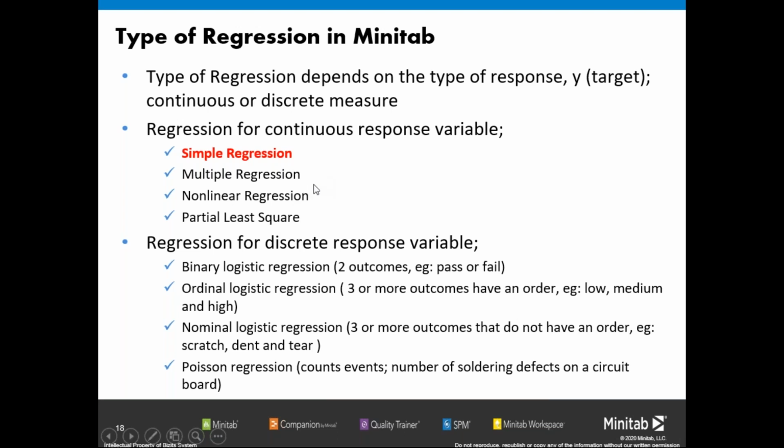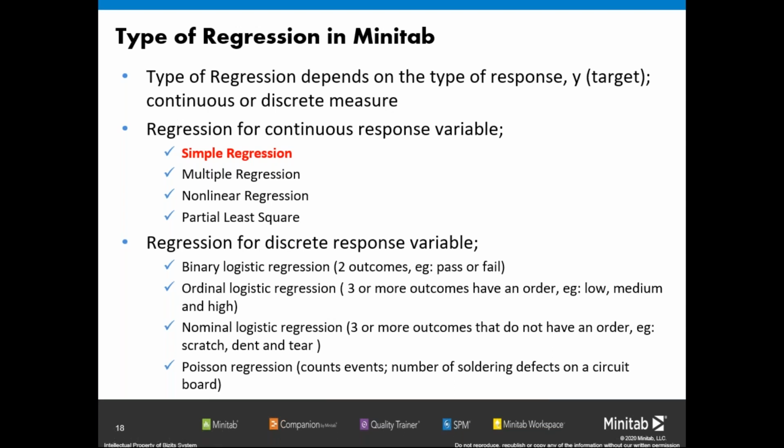If your y is discrete, whether it's pass or fail, accept or reject, we can go for binary logistic regression. If your y is ordered, let's say low, medium, high, you can go for ordinal logistic regression.